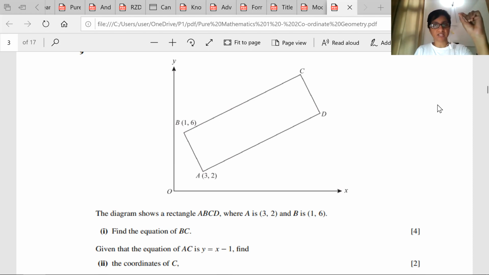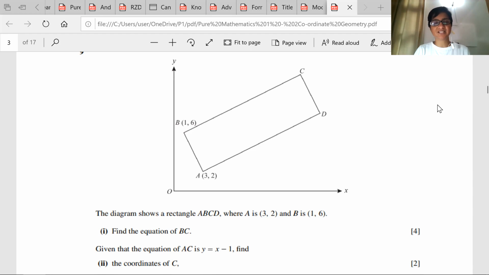When you have a point and the slope of a line and you have to write the equation of that line, use point slope form. Don't waste time turning it into slope intercept form. Now all 5 of you gave me the answer in y equals mx plus c form.